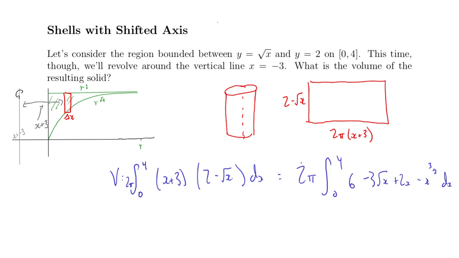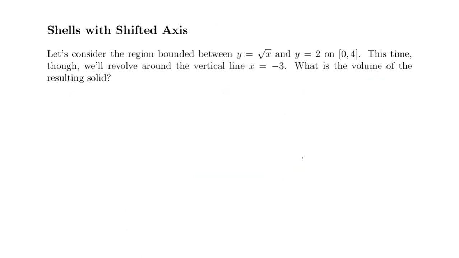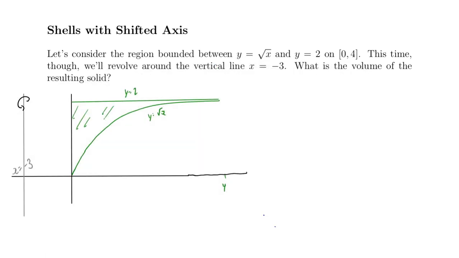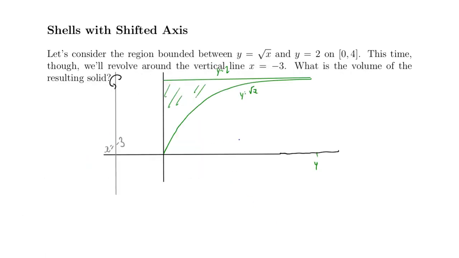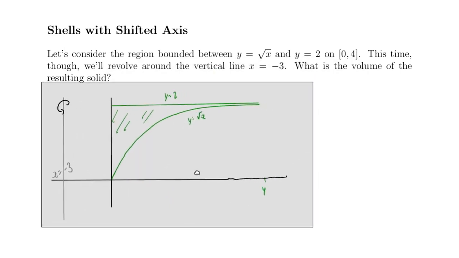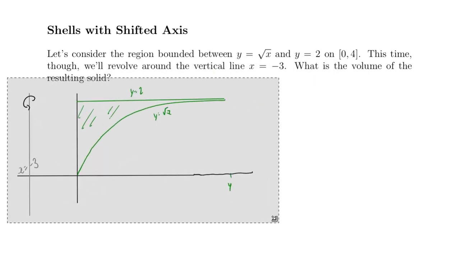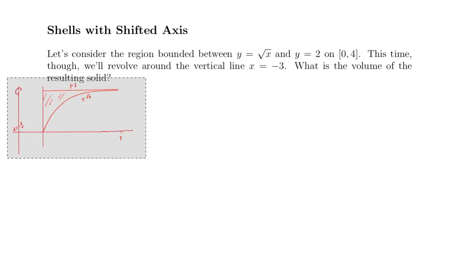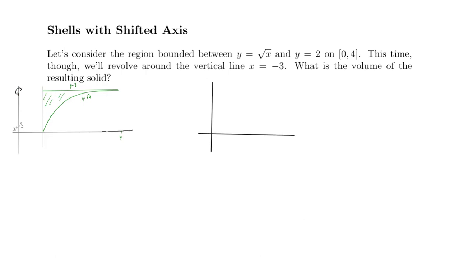In the exact same way, though, as we did before, we can shift this thing. So let's take a look at this function when we shift it. Let me scale this thing down, and now we're going to shift everything to the right. So I'm going to draw my axes here, but now my function gets shifted to the right again.